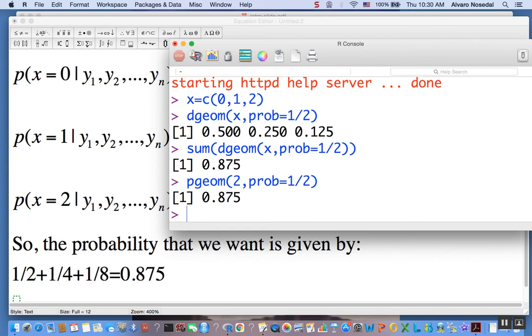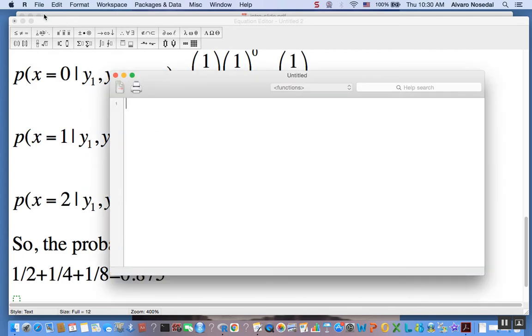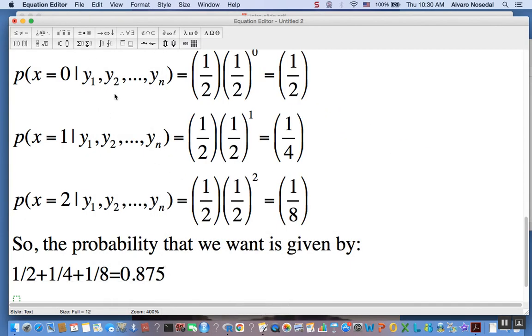Now I would like to talk about another example, okay? But before we discuss our second example, let me remind you what the probability mass function of a negative binomial looks like.